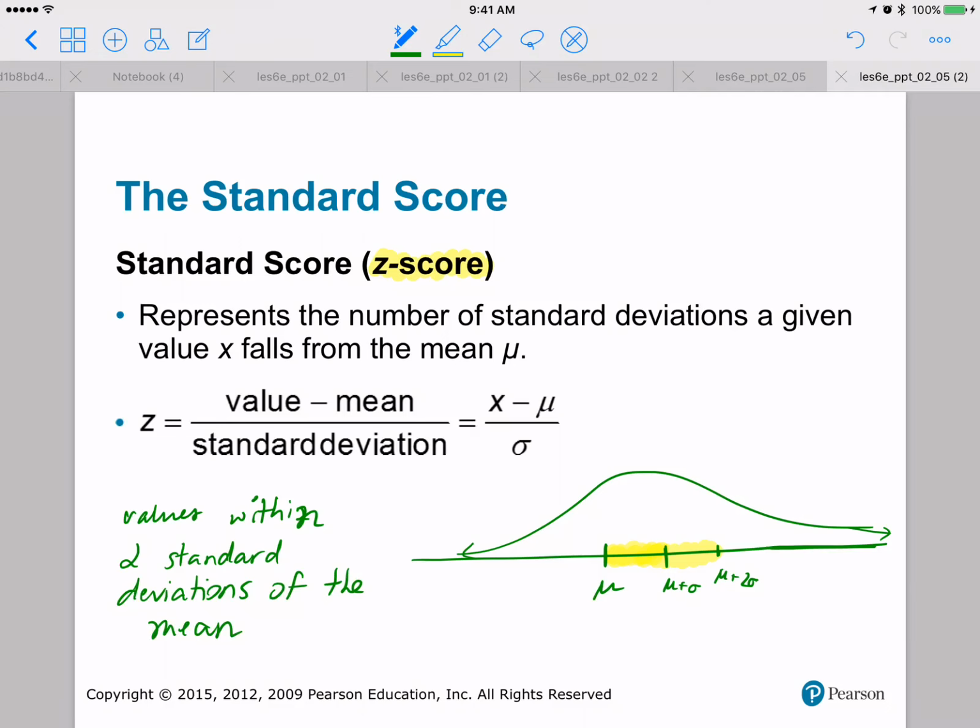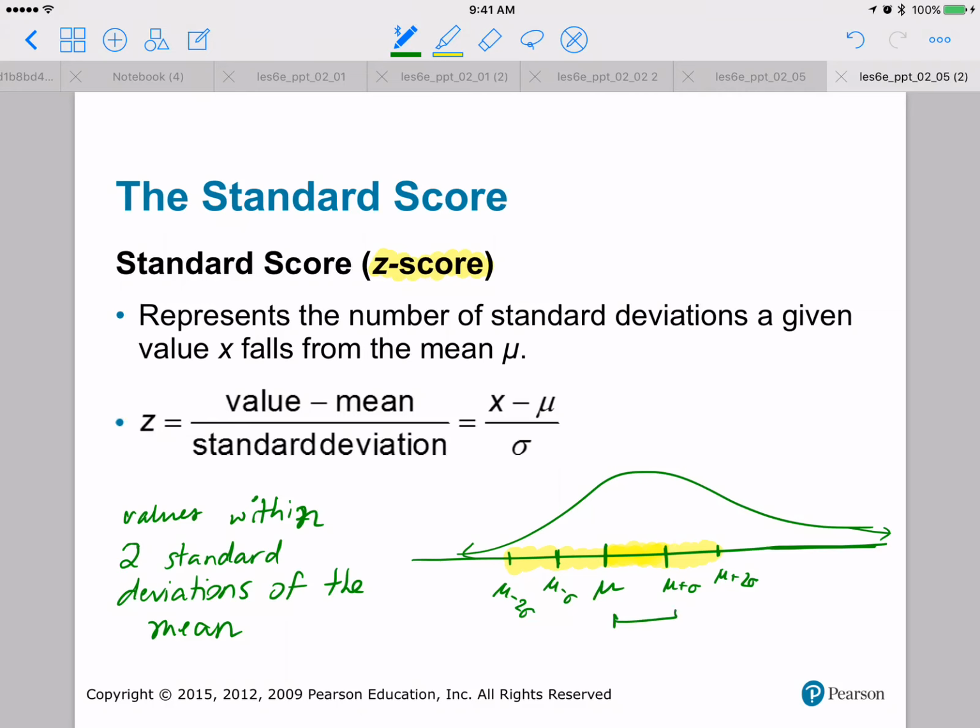Here's how we interpret it. We could be going above or below, right? So mu minus sigma, and then mu minus 2 sigma. And then we would say any value in between mu minus 2 sigma and mu plus 2 sigma is a value that is within 2 standard deviations of the mean. So you kind of think, what's the distance, right?